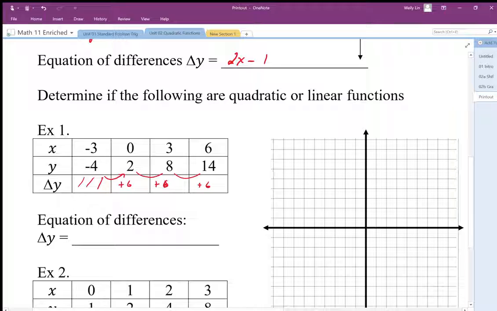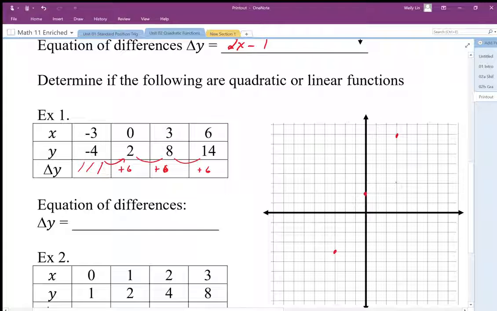So graphing this, -3, -4, 0, 2, 3 over 8 up, we have a linear. This is the original function. I'll draw this in a different color. The original function is linear, and the changes are constant, right?